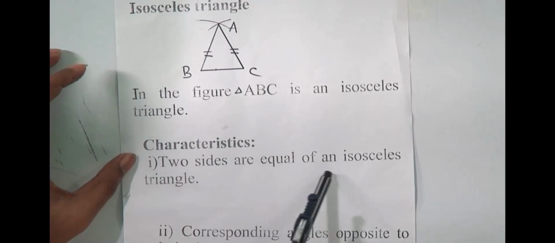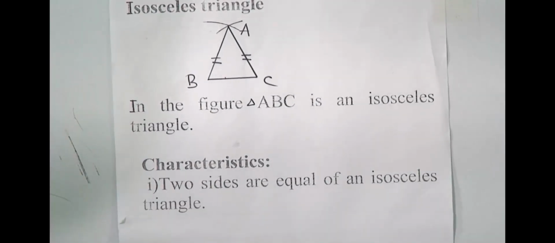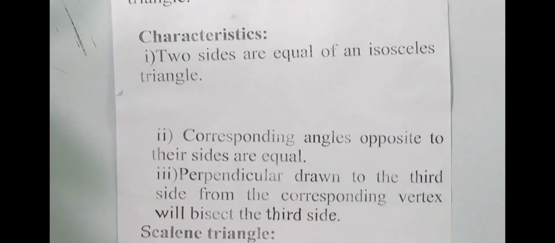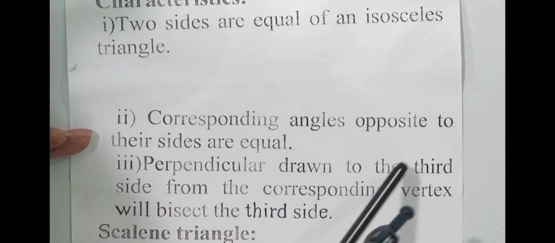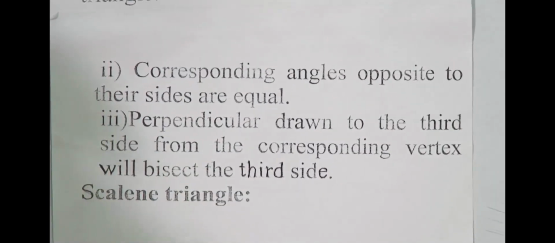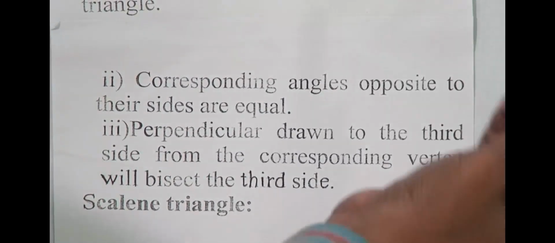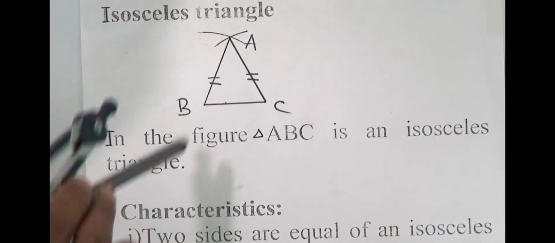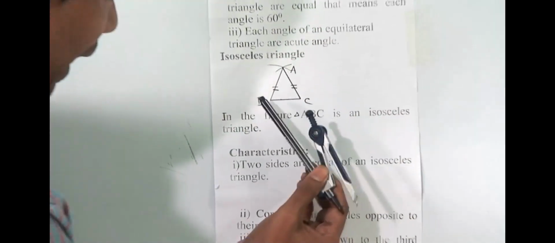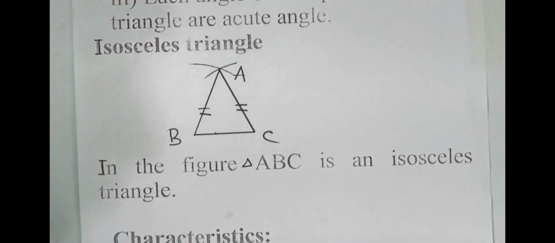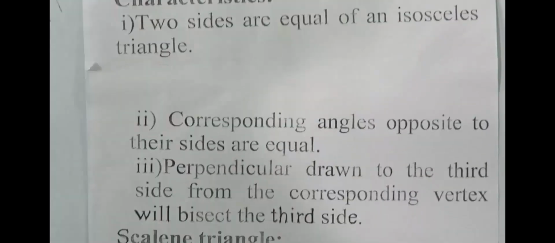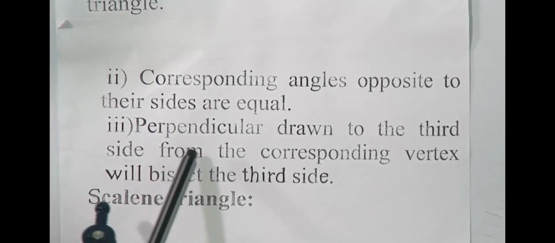Dear student, that means, suppose AC side and AB side are equal, then their corresponding angles, that means angle C and angle B, are equal.